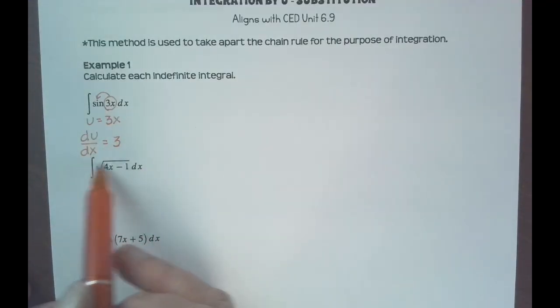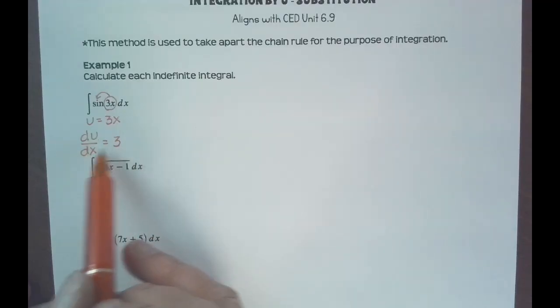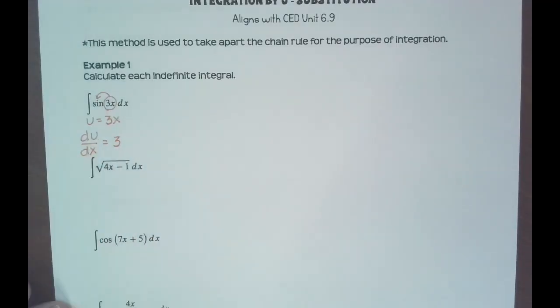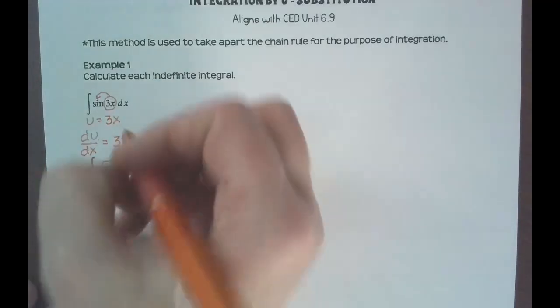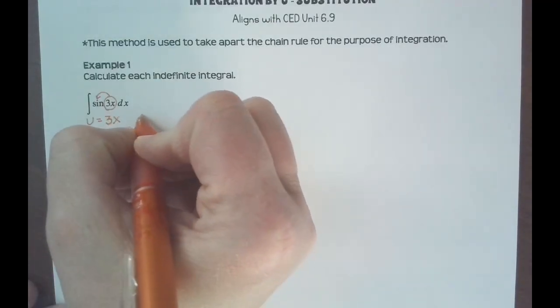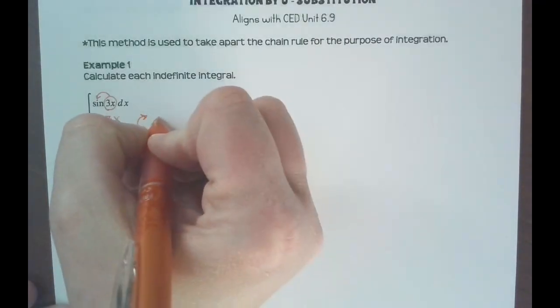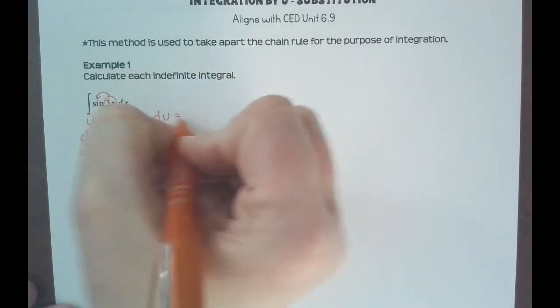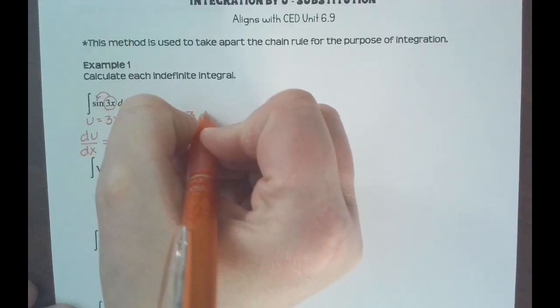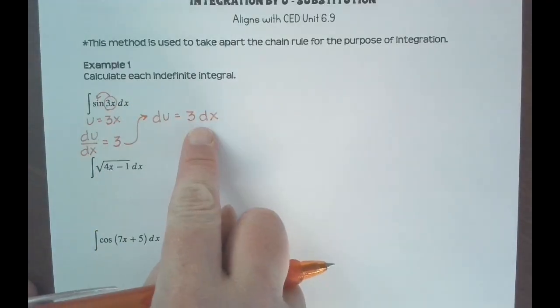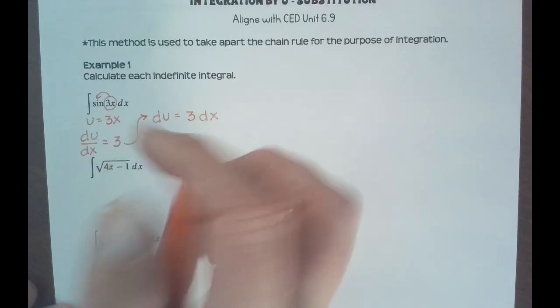So what I want to do with this is I want to move this around and get dx by itself. You'll see why in just a second. Some of this you're going to have to just sort of follow what I'm doing, and then I promise at the end you'll see why I'm taking the steps that I'm taking. So we're going to move the dx to the other side. du equals 3 dx. And then I want the dx alone, so I'm going to divide by 3.